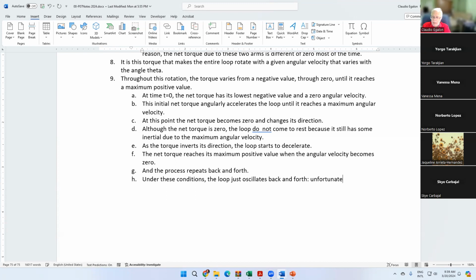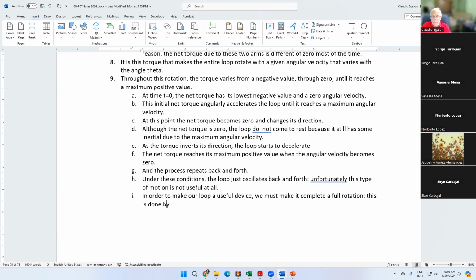Unfortunately, this type of motion is not useful at all. In order to make our loop a useful device, we must make it rotate. We must make it complete a full rotation.